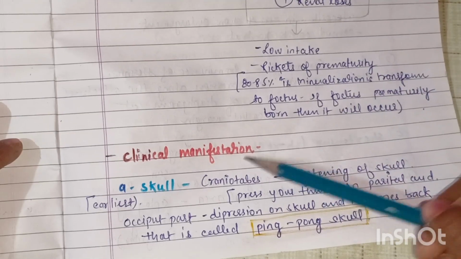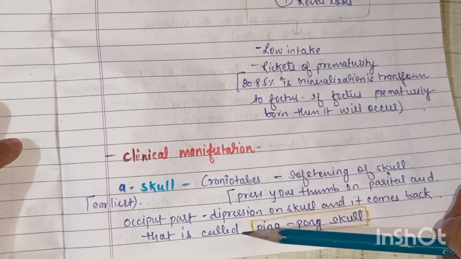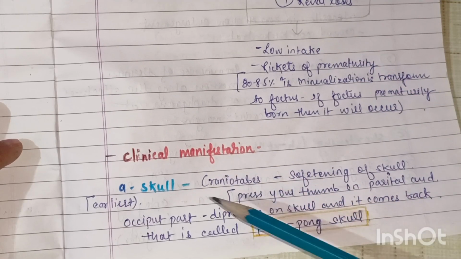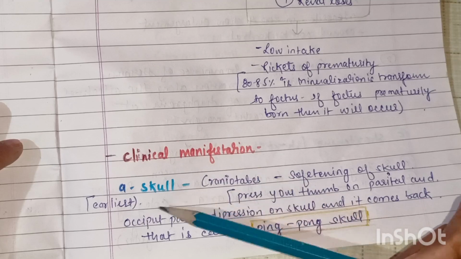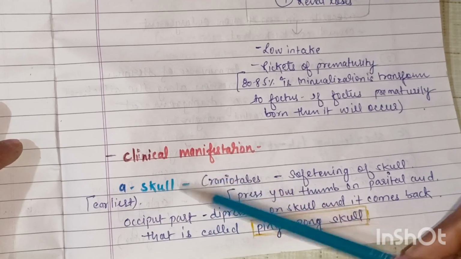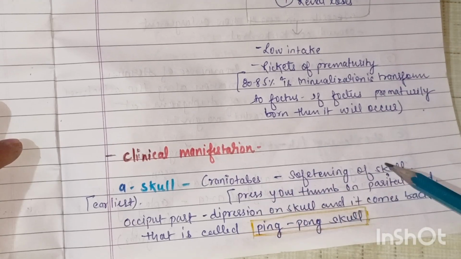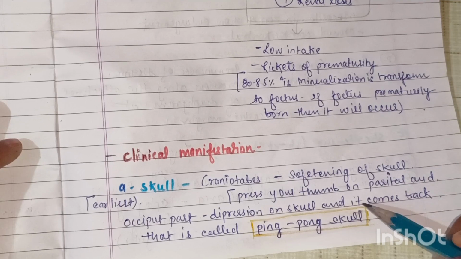Now we learn the clinical manifestations of rickets. The earliest clinical sign is seen in the skull: craniotabes, which is defined as softening of the skull.